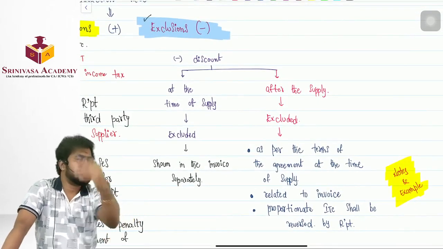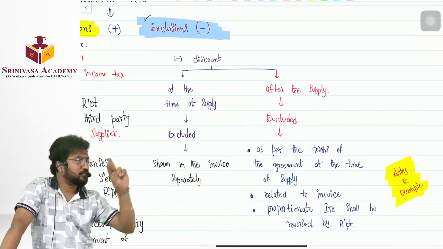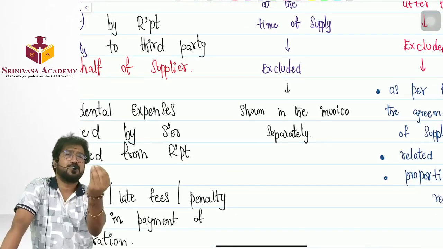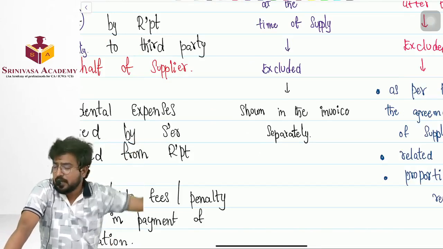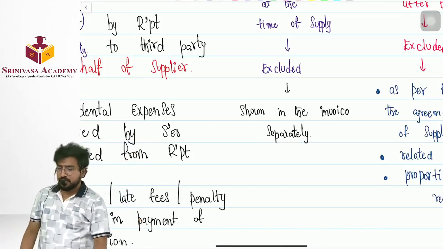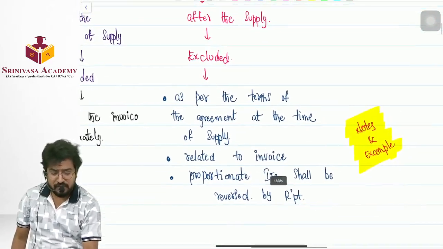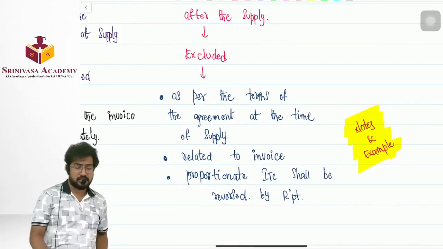Discount. Discount will be excluded, but discount is given in 2 cases. One is at the time of supply, two is after the supply. At the time of supply, if you have given the discount, I have one small request, sir. What is that? Show that discount separately in the invoice. Okay. No, sir, discount is given after the supply. Then 3 conditions are there. What are the 3 conditions?